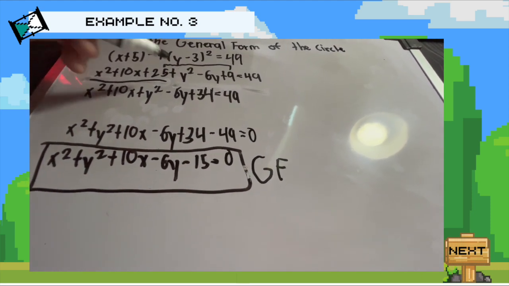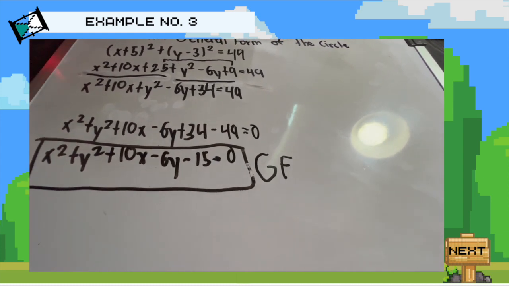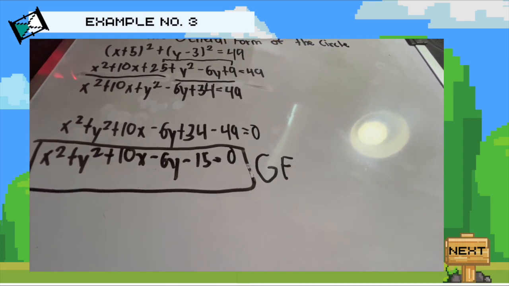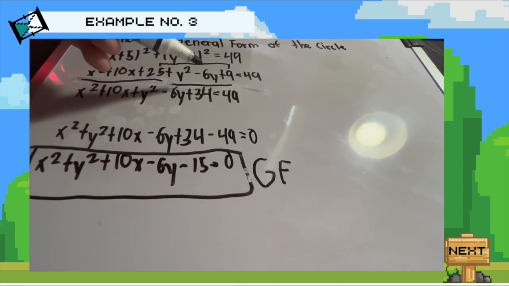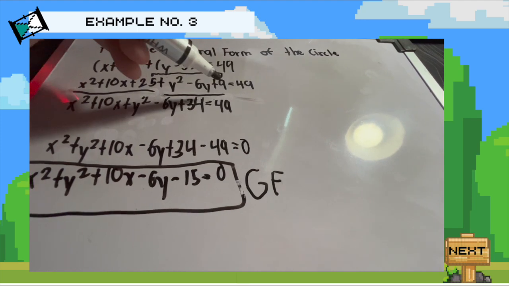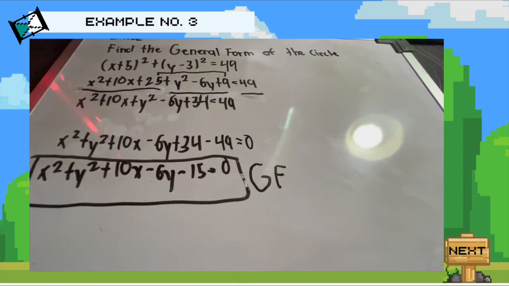Now square the first term, that is y squared, then multiply the first and second term, that is negative 3y times 2, negative 6y. Then square the second term, that is positive 9, that is equal to 49.